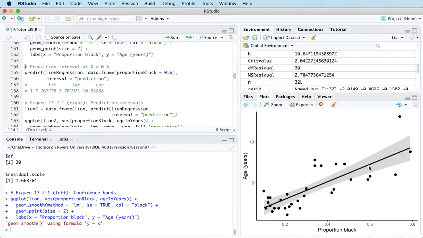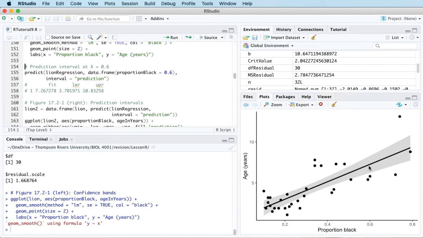But now our uncertainty is going to be a little bigger than it was when we were trying to estimate the mean. When we're trying to estimate the mean, we've got a subset of lions. Some of them are going to be probably a little older than we're predicting. Some of them are probably going to be a bit younger than we're predicting.